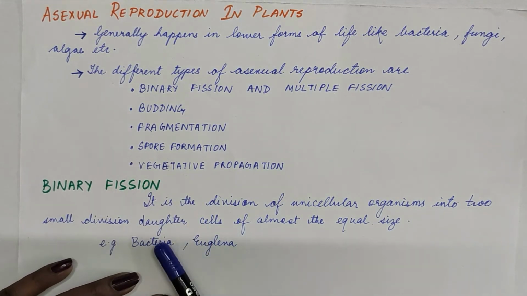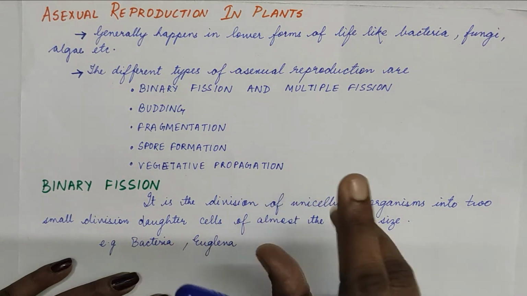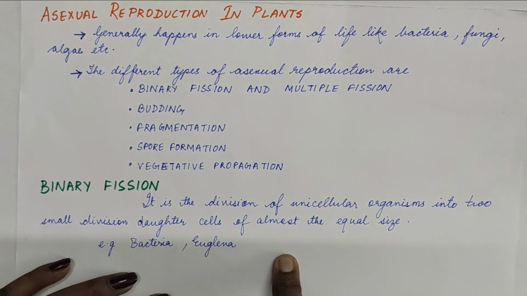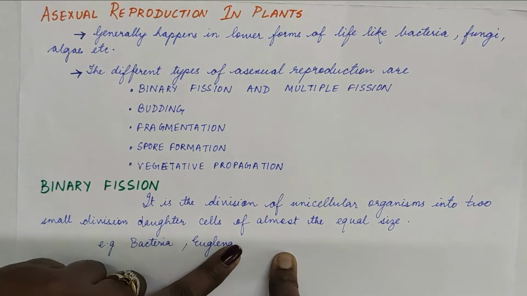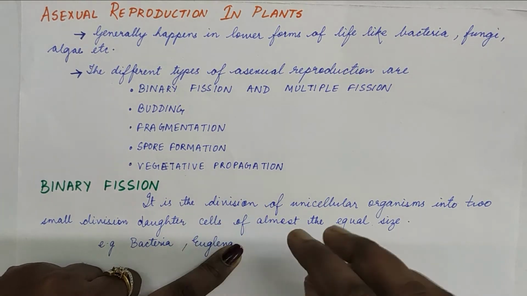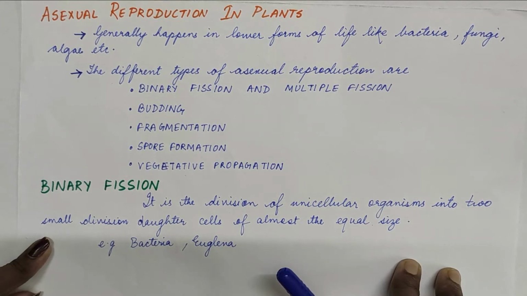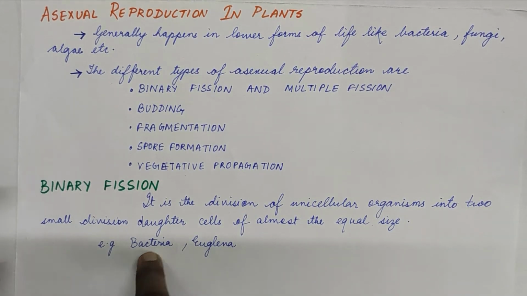Now we will start with the first kind, that is binary fission. The term bi means two. When one unicellular organism divides into two daughter cells, generally of roughly the same size, we call it binary fission, which happens in bacteria.